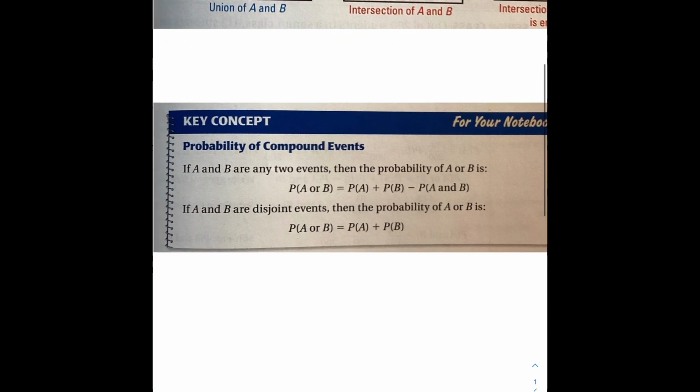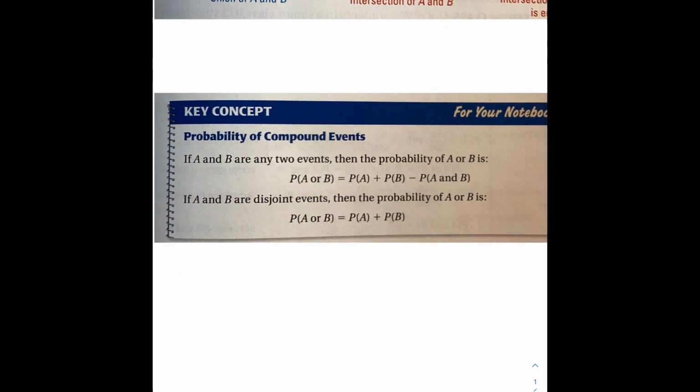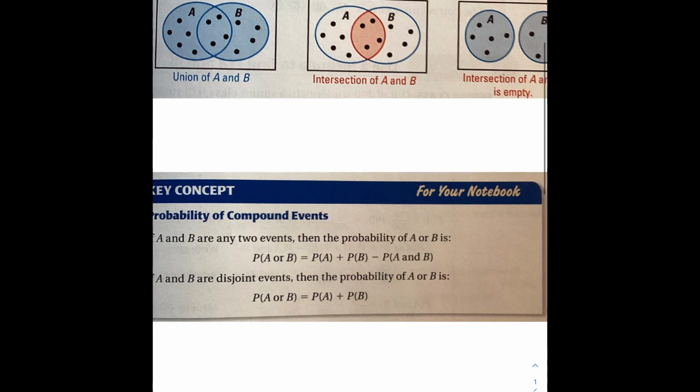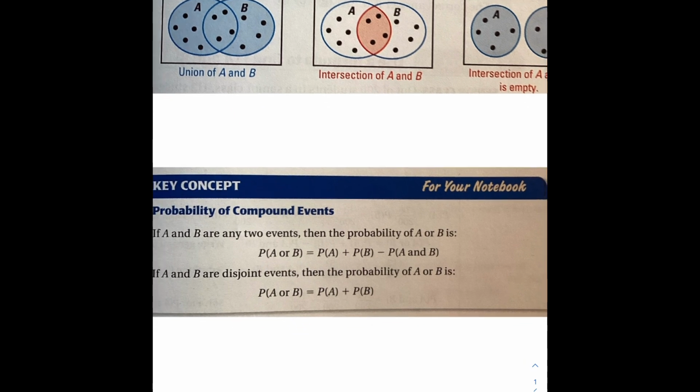So again, if A and B are any two events, then the probability of A or B is the probability of A plus the probability of B, subtracting the probability of A and B. So that's like this example right here.